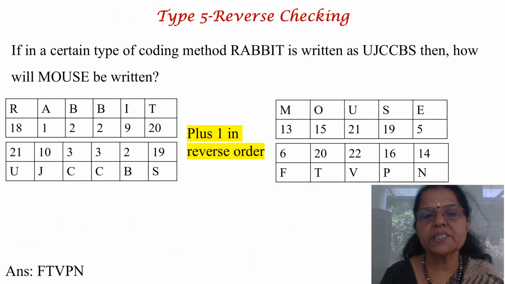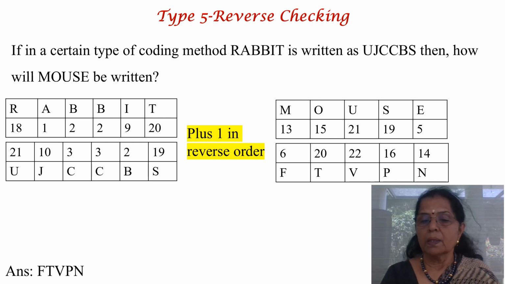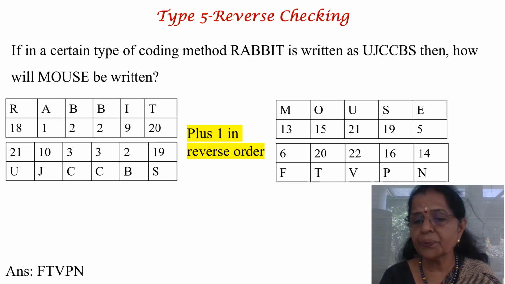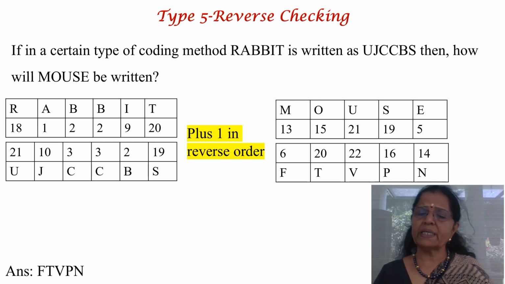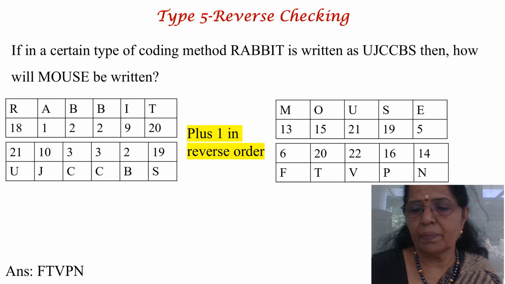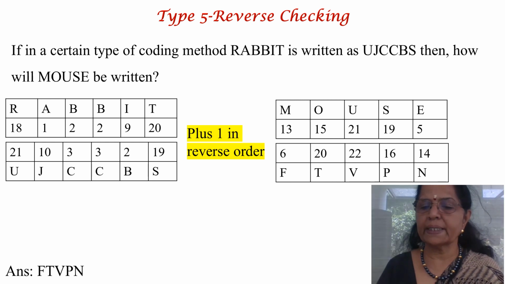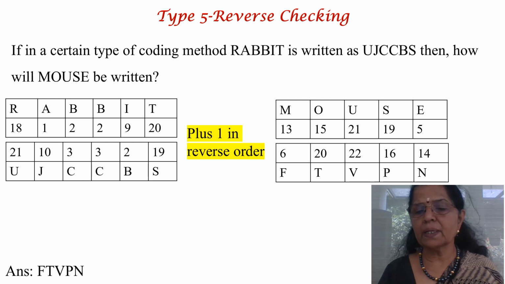See the next type, that is type 5. It is reverse checking. I'm just giving a title for your convenience. It is easier if you have a title so that you can mentally recall it anytime, whether it is a rearrangement, or a replacement of the letters, or a constant addition of one number or two numbers, or a replacement with opposite pair.